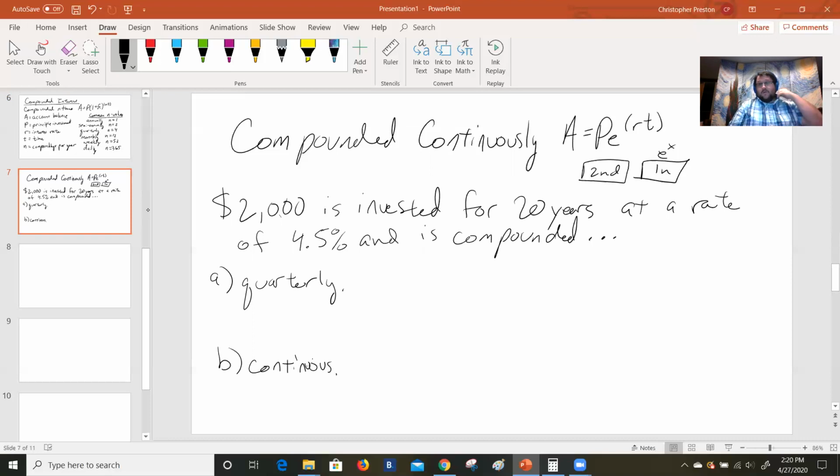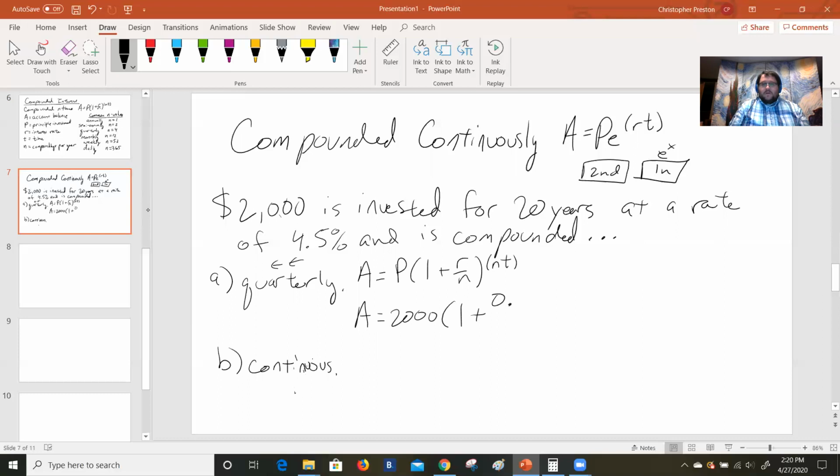And see the difference. So anytime you run into one of these problems, my first suggestion is write out the formula you're going to use. So this is a specific number of times for quarterly. Just write out the formula. Then take a step and fill in all the values you know. So 2000 times 1 plus, my rate is 4.5%, so turn that into a decimal, move the decimal 2 spots to the left.